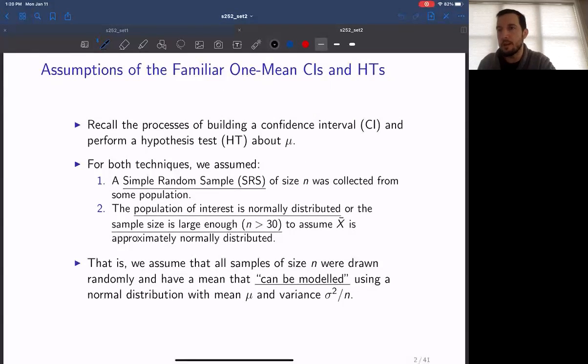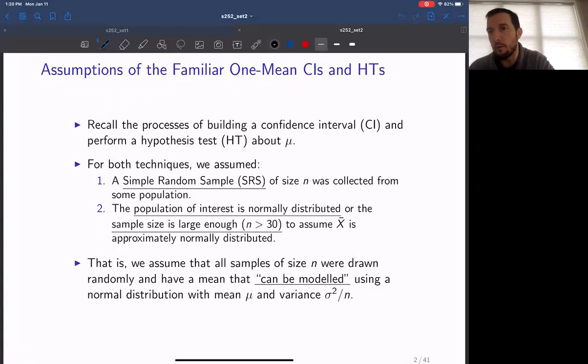So in particular, when we are building a hypothesis test, or we are constructing a confidence interval using the standard normal or the student t distribution, we start off by assuming that the population from which we sampled is normal, or that we collected enough observations to assume that X bar is normal. That is, that we collected enough information to let the CLT take over.